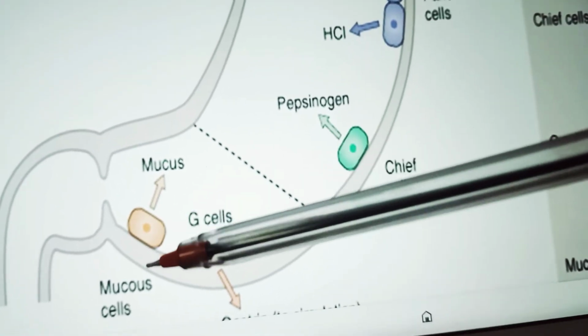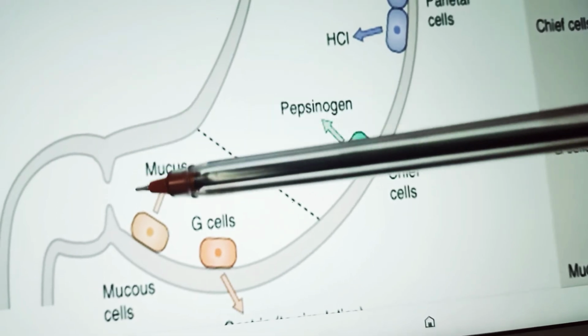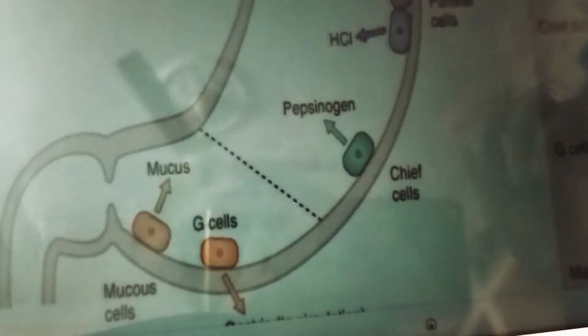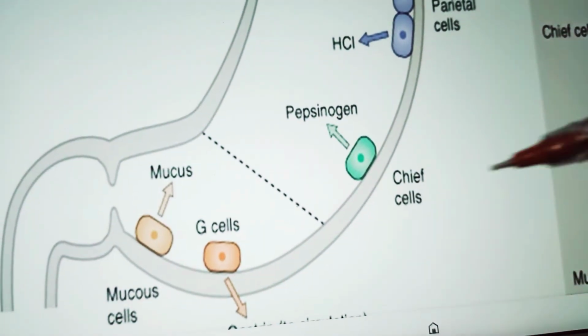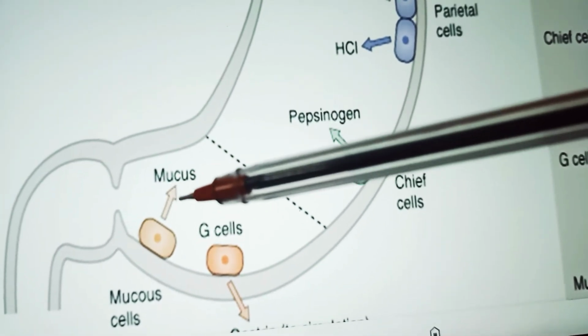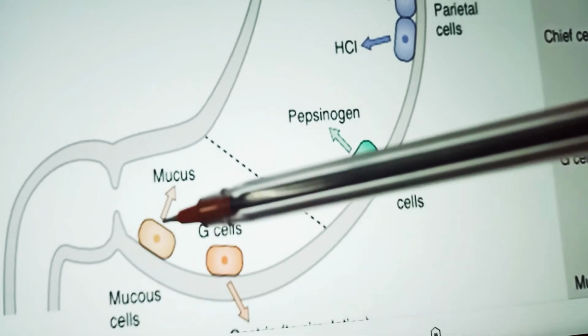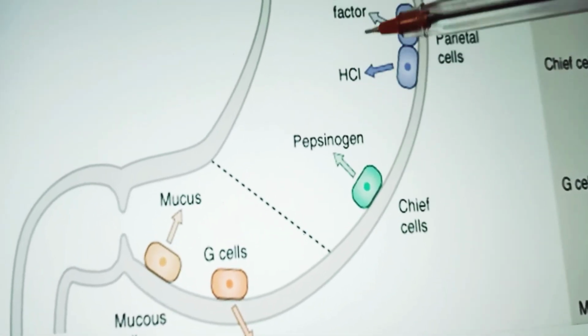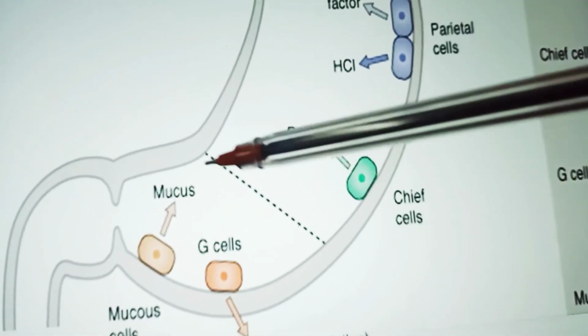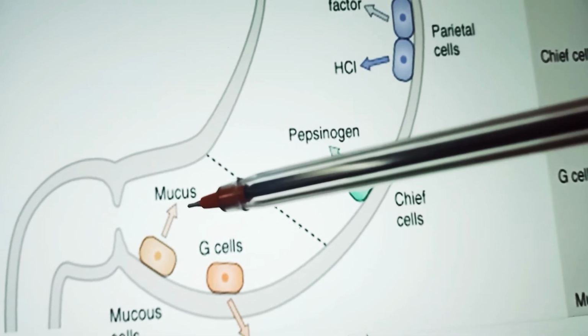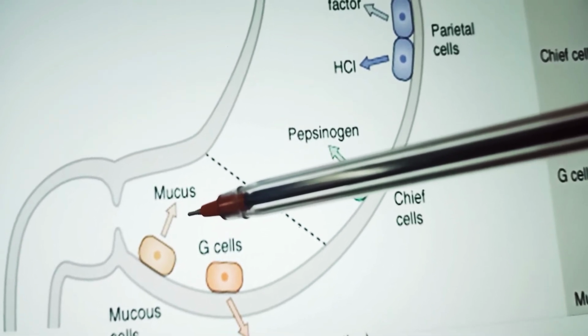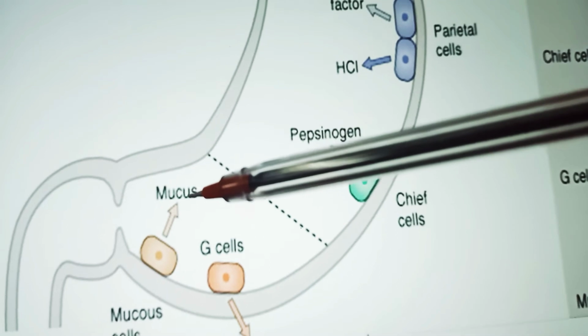Next, coming to bicarbonate. Mucous cells produce mucus with bicarbonate. They are present in the stomach, duodenum, salivary glands, pancreas, and Brunner's glands in the duodenum. They neutralize the acid. You can see that up to here acid is present, but here they are trying to neutralize the acid. This is increased by pancreatic and biliary secretion with secretin.